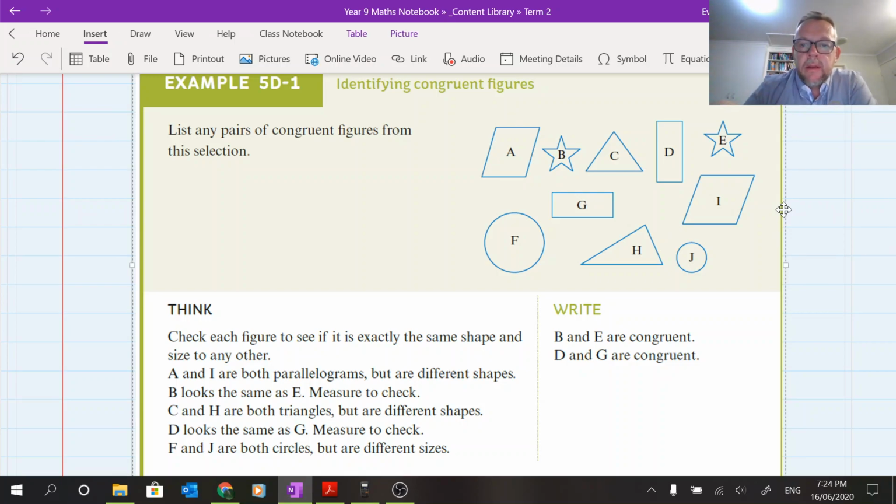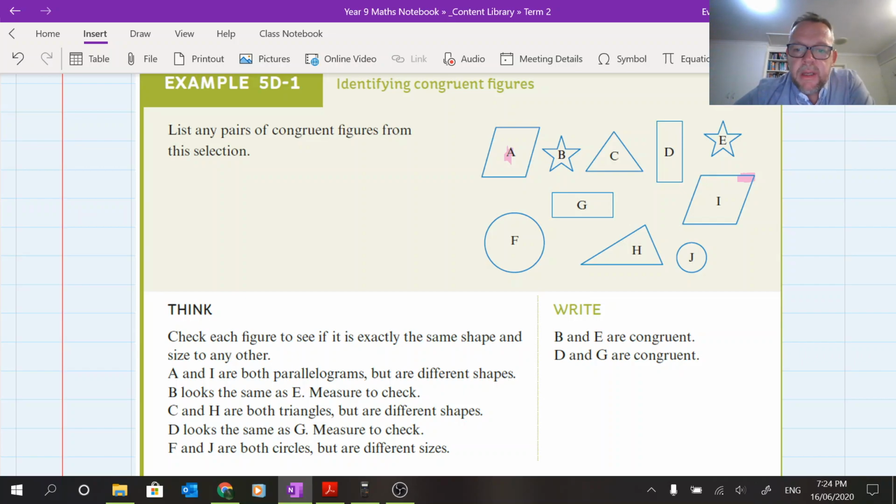So let's look at shape A. Now, shape A and E are parallelograms, but are they exactly the same? Now, I can see that this is a little bit longer, isn't it? So A and E are both parallelograms, but they are not congruent because they are different shapes.